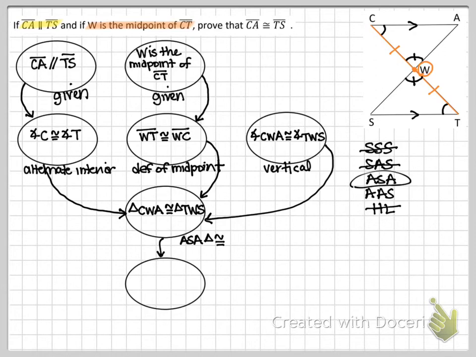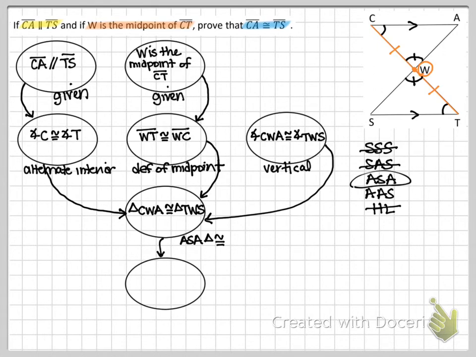I've proven the triangles. Once you've proven the triangles, then basically the floodgates open. You can prove anything else that should match up. So I guess we need to take a look at the picture and see if line segment CA should match up with TS. And I think it does.